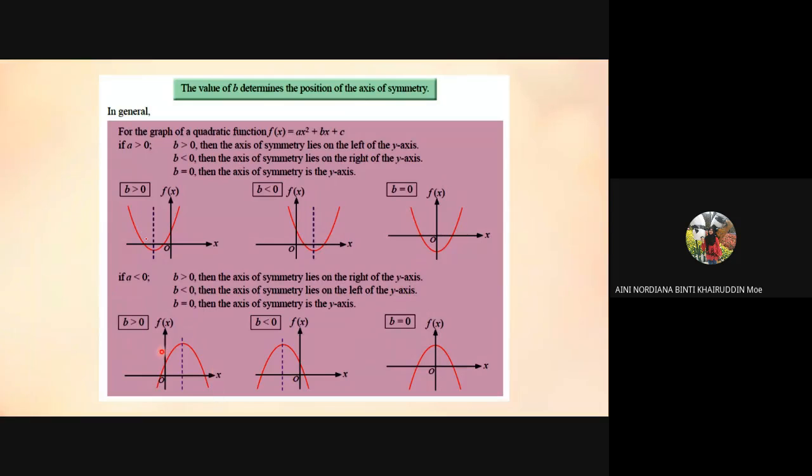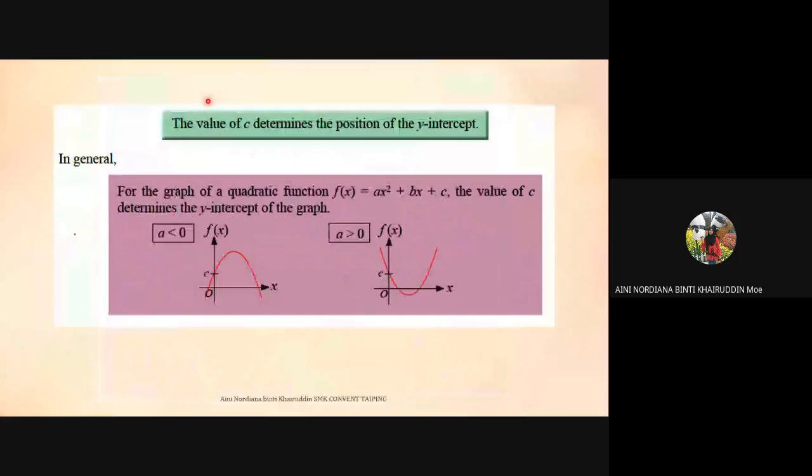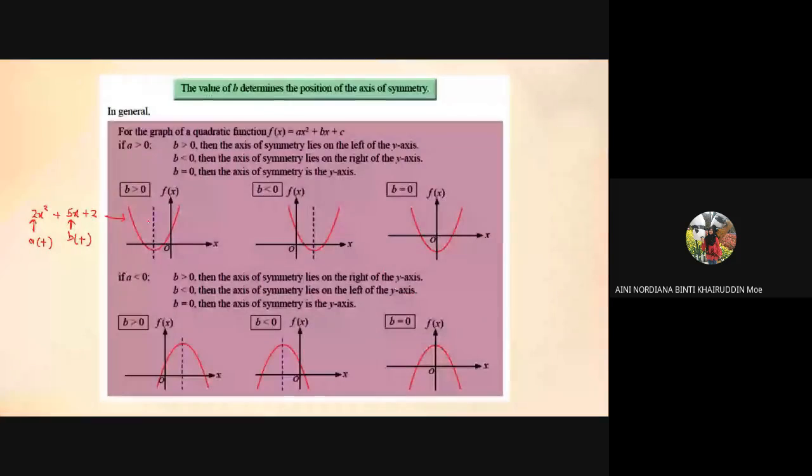Okay, example for this graph. Because A is positive, maybe 2x square plus 5x plus 2. So this is the value of A, a positive number. This is the value of B, also a positive number. When both are positive, the axis of symmetry lies on the left of the y-axis.